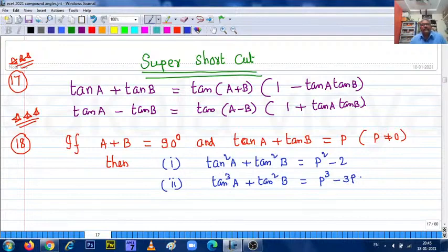Tan square A plus tan square B is equal to P square minus 2, and tan cube A plus tan cube B equals P cube minus 3P. These are very important. Please remember, besides the formula, don't forget these two formulae. These two formulae will play a major role to solve the problems in the compound angle chapter.